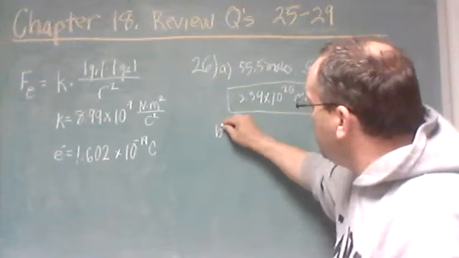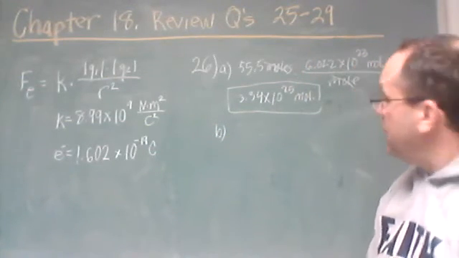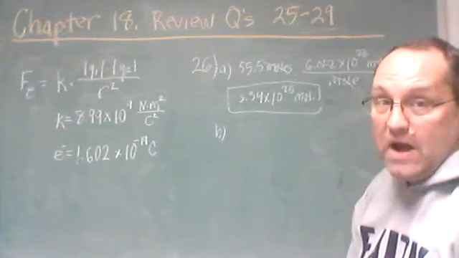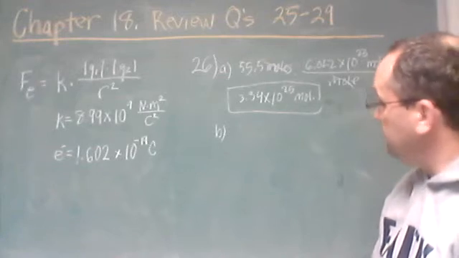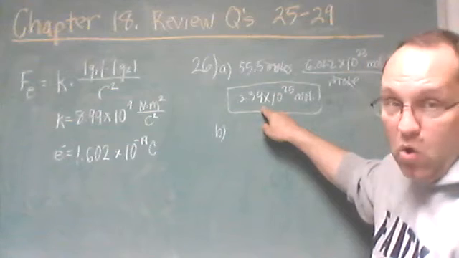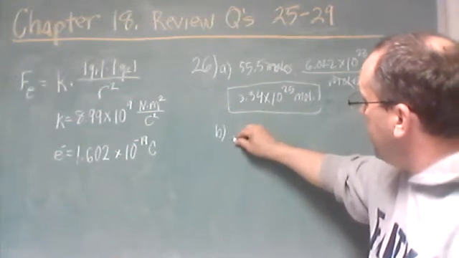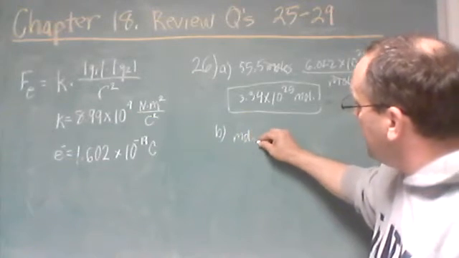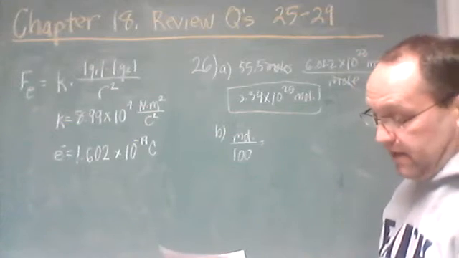Part B, they're asking how many electrons. They said they took 1 electron from each 100 molecules. So we're going to divide that number of molecules by 100 to get the number of electrons.